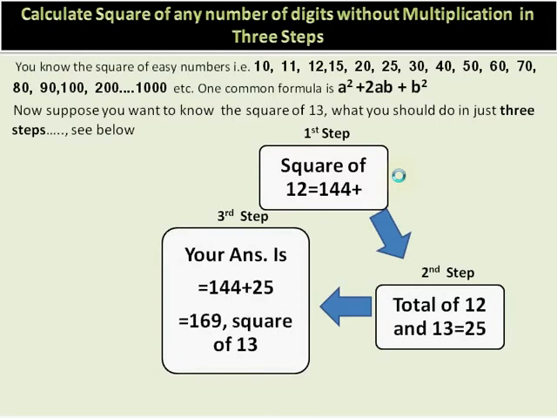You do the sum of 12 and 13, because you want to know the square of 13, which is 25. And the third and final step is you add the 25 with the square of 12. Means 144 plus 25 is equal to 169, which is ultimately the square of 13.